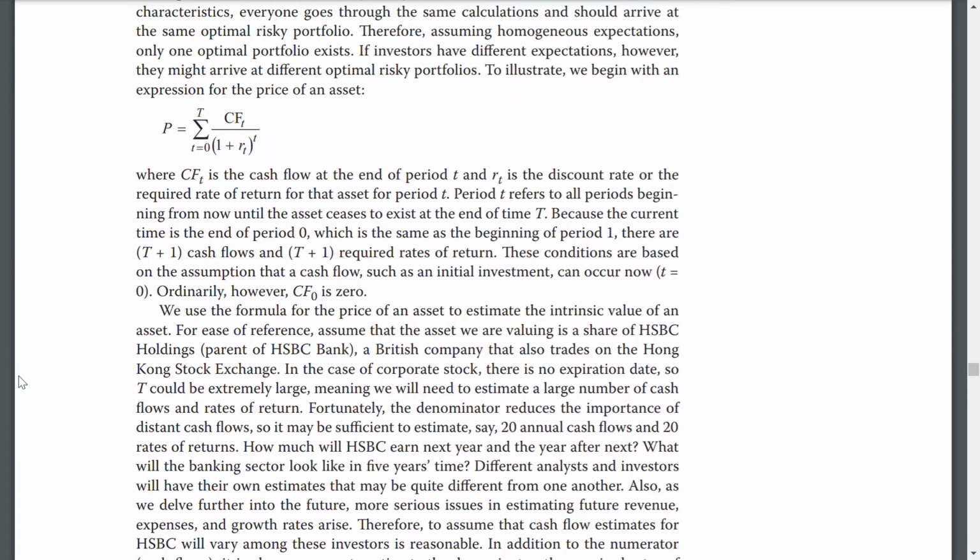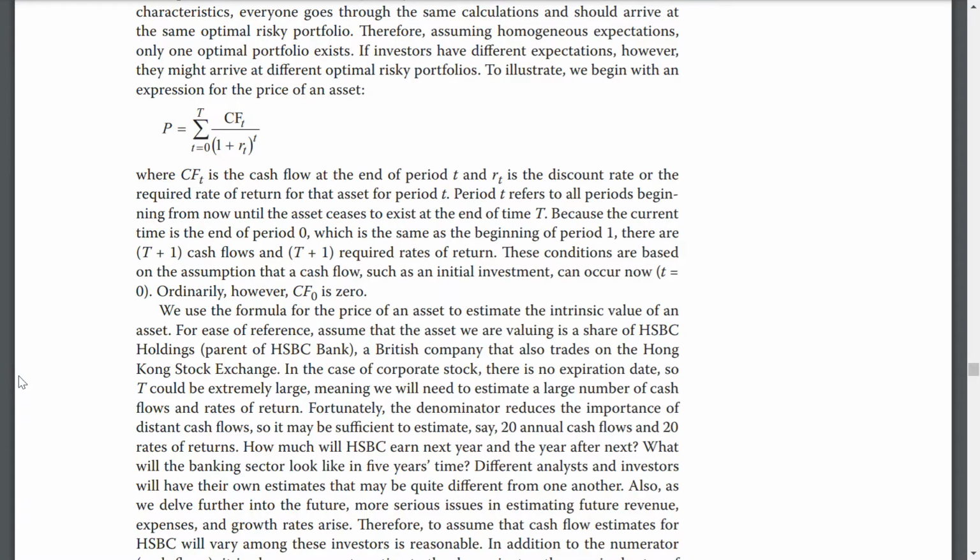For ease of reference, assume that the asset we are valuing is a share of HSBC Holdings, parent of HSBC Bank, a British company that also trades on the Hong Kong Stock Exchange. In the case of corporate stocks, there is no expiration date, so T can be extremely large, meaning we will need to estimate a large number of cash flows and rates of return.